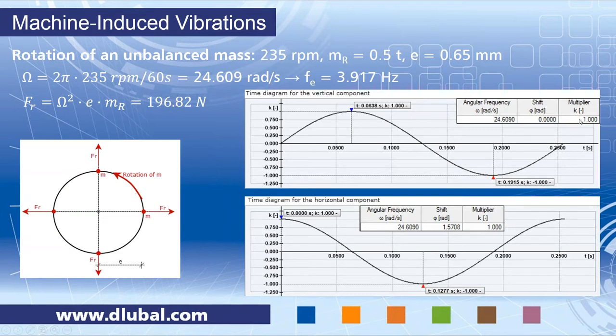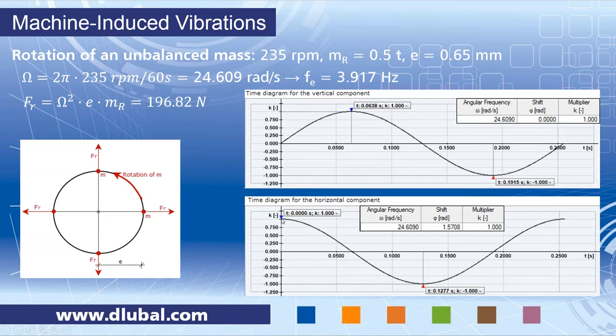This is really a multiplier which multiplies the time diagram with the load in the load case. So it's up to you whether you have a value in here which is unequal to 1 or in the load case. I decided on a multiplier of 1 in DYNAM and to define the 179 Newton in my load case.